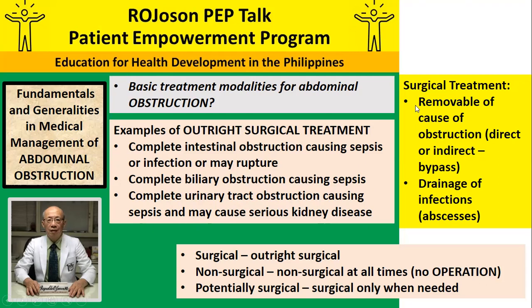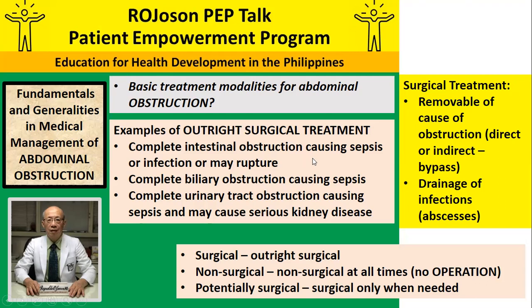And then the type of surgical treatment that is usually done will be removal of the cause of the obstruction, either direct or indirect through a bypass. When you say remove the cause of the obstruction, for intestinal obstruction, if it's caused by a tumor, you remove the tumor. If it's caused by stones, you remove the stones.